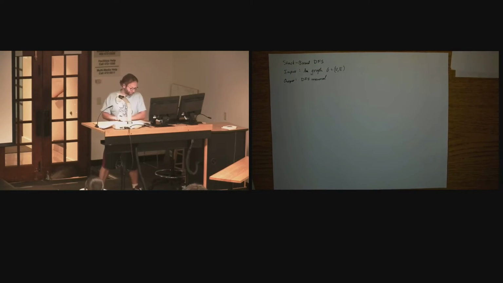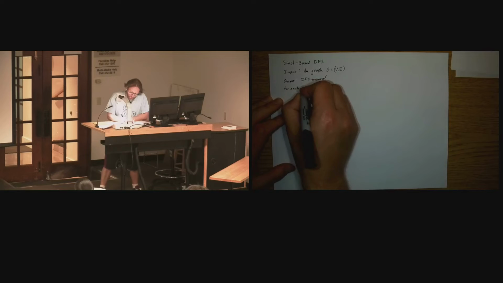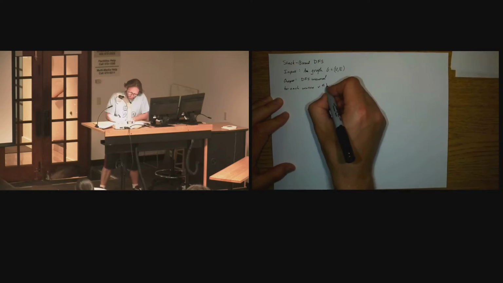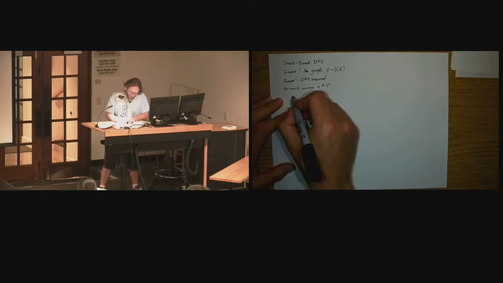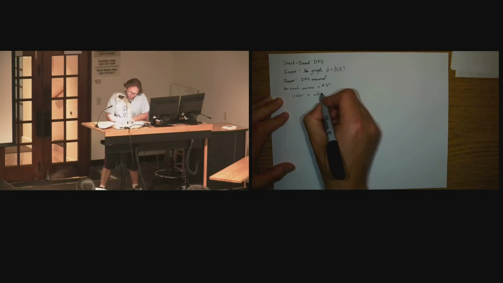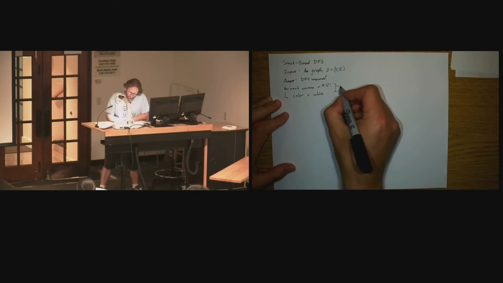All right? So what we're going to do is we're going to start with an initialization. For each vertex v in V, what we're going to do is we're going to color v white. This is an initialization.